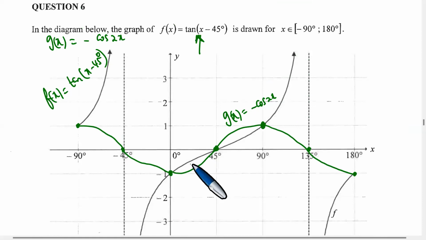If f is strictly bigger than 1, you're looking at this function. Where is it strictly bigger than 1? You'd agree with me that it's strictly bigger than 1 when the tangent function is above 1.